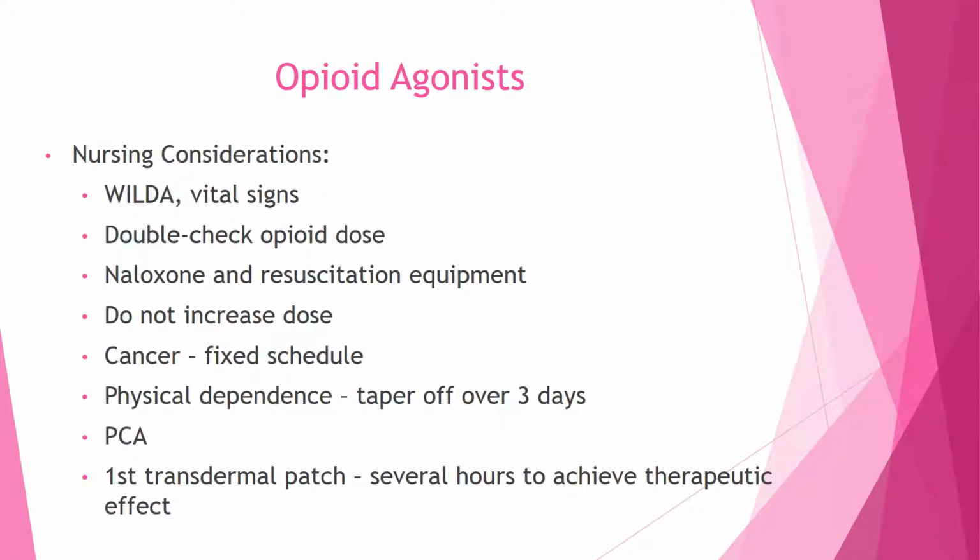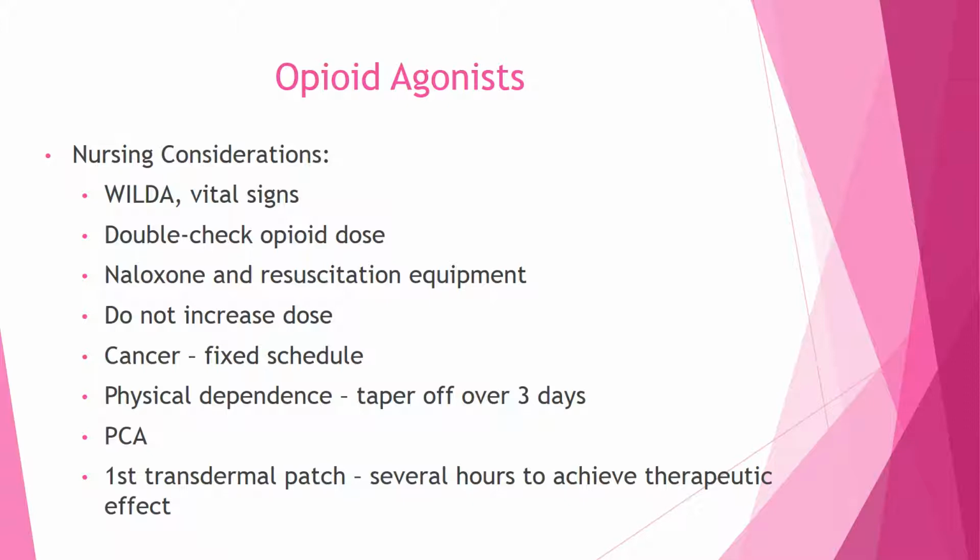Nursing considerations, WILDA, so assessing pain, getting their vital signs, double checking the opioid dose, whether you double check it or have somebody check it with you. Have naloxone and resuscitation equipment ready if their respirations are less than 12.